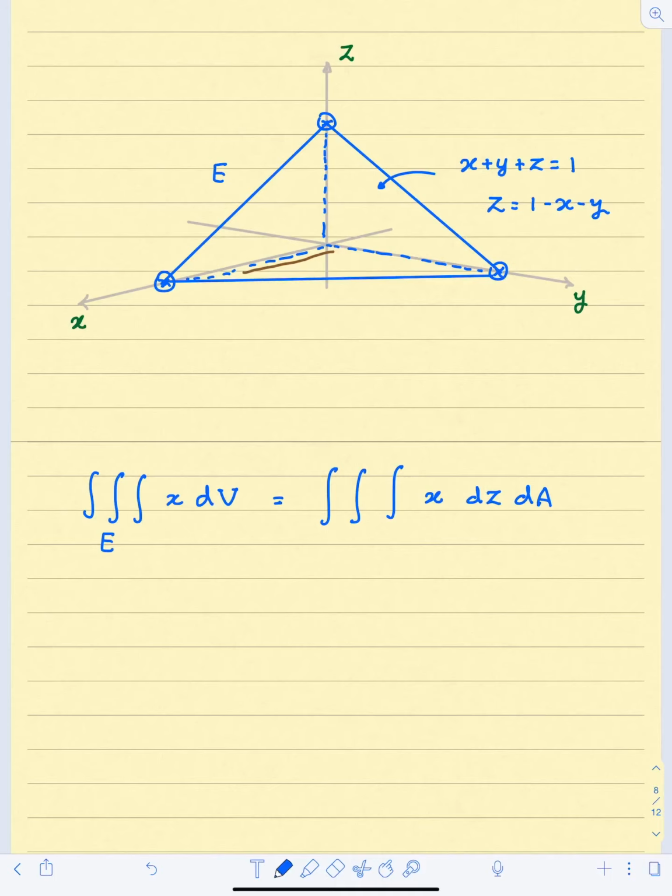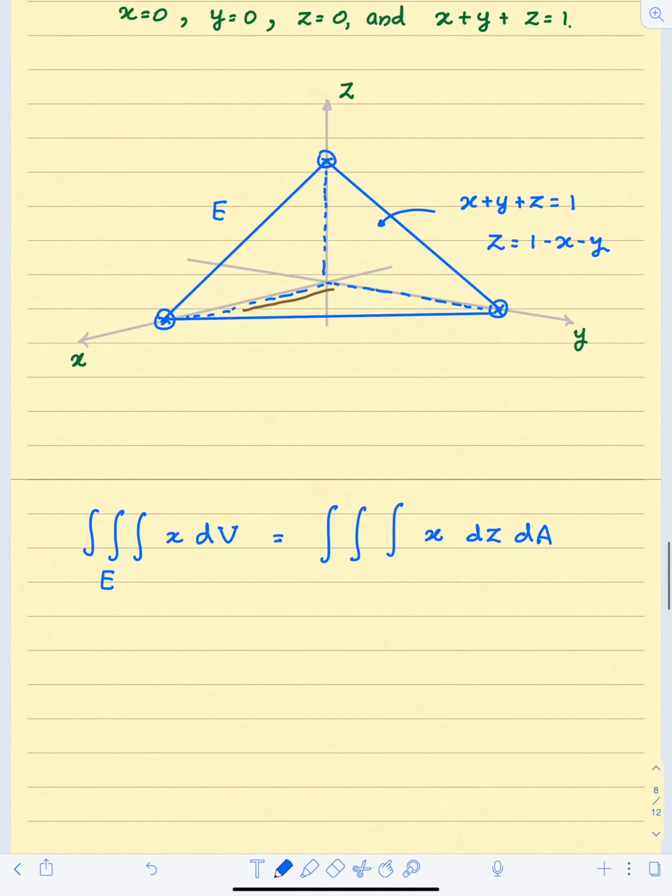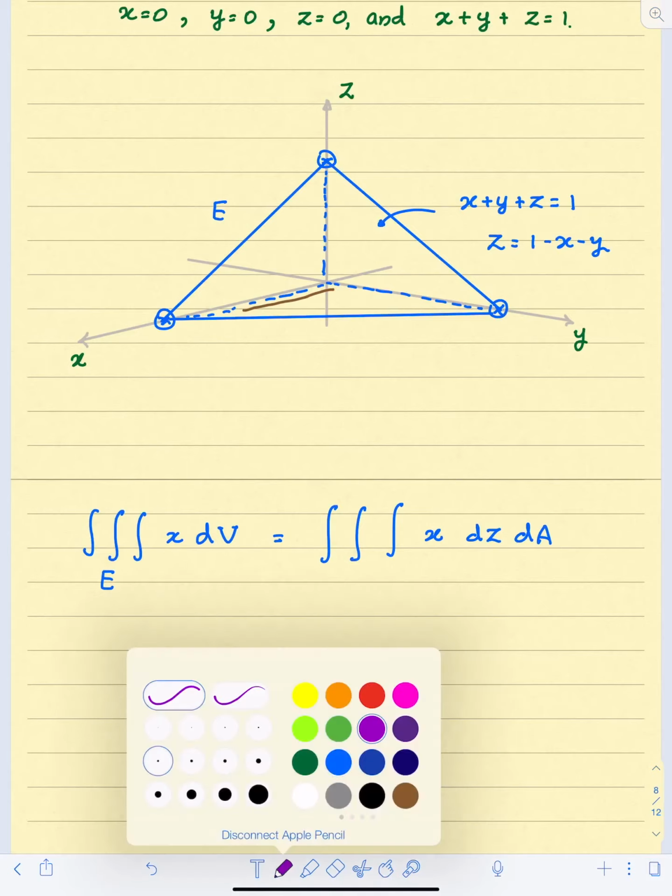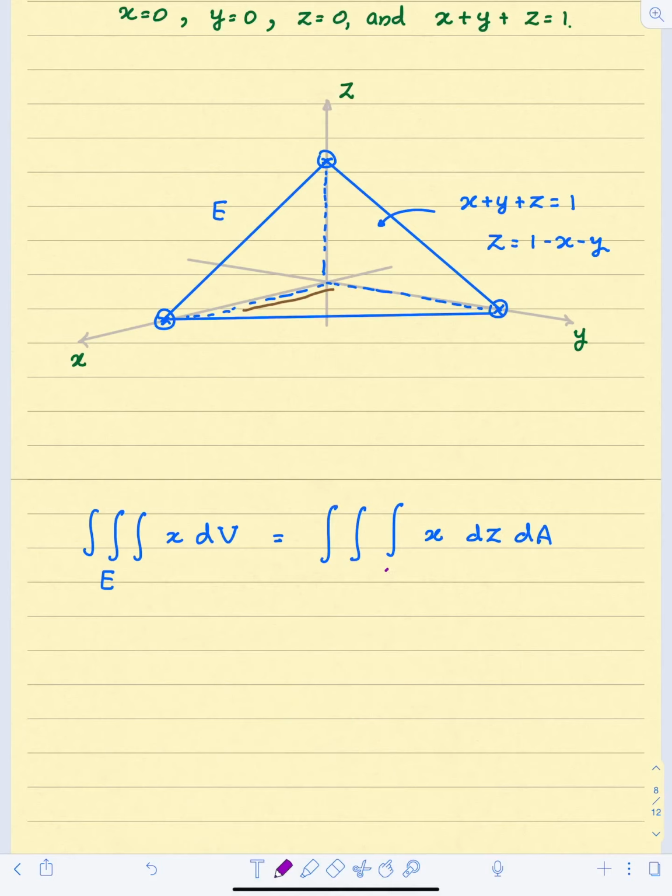Now this inner integral corresponds to the z variable, and the lower value of z is given by the xy plane. And on the xy plane, z equals 0. Therefore the lowest z value should be 0.